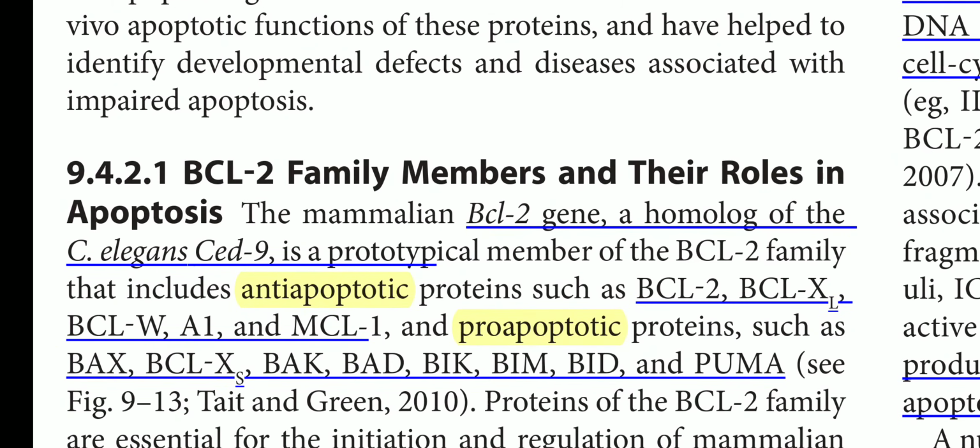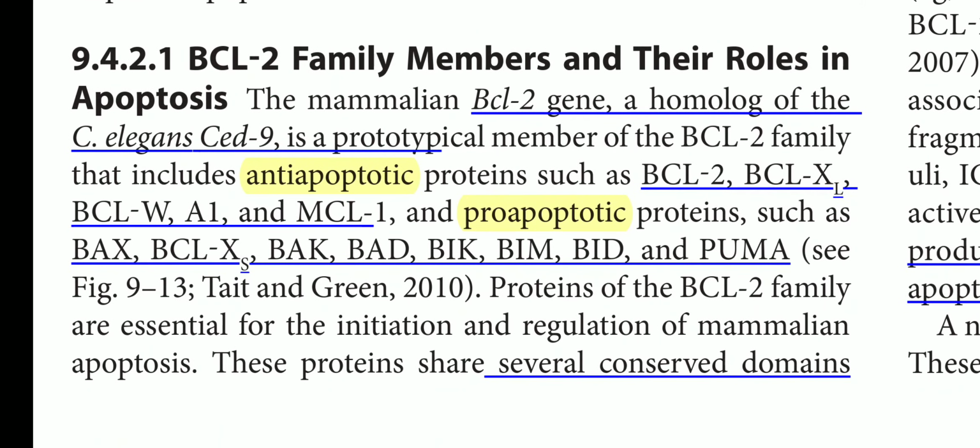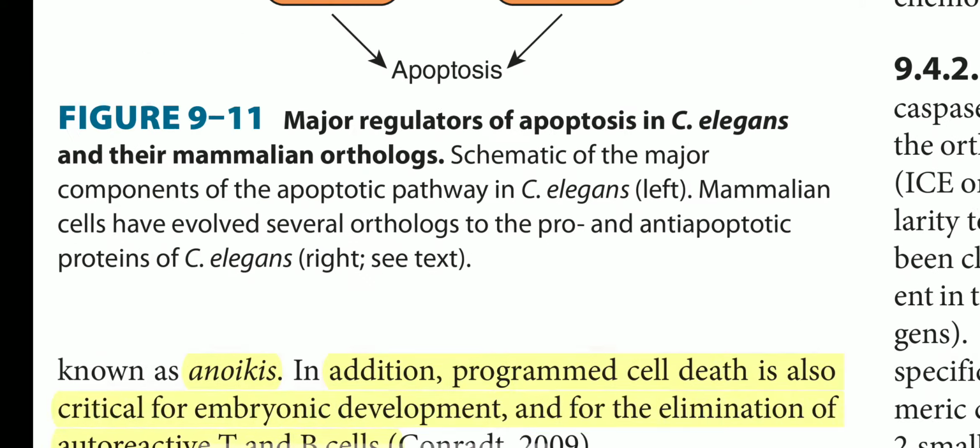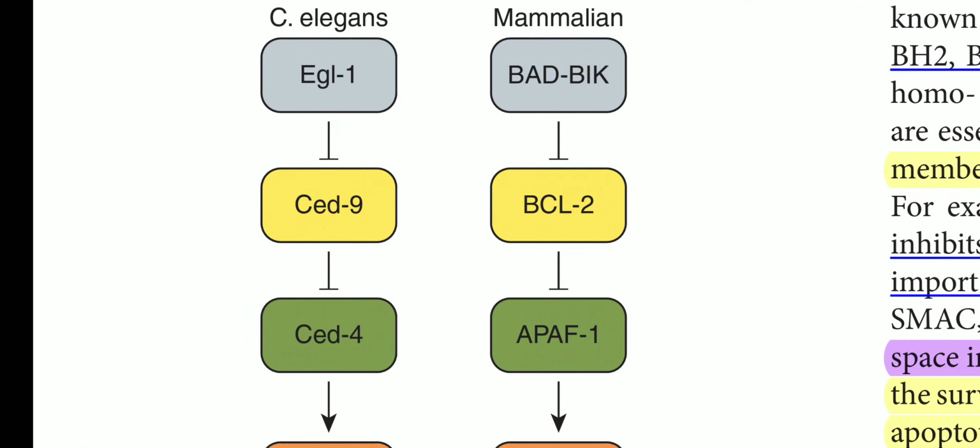Now come to the BCL2 family members and their role in apoptosis. BCL2 genes are homologs of the C. elegans CED-9, and there are anti-apoptotic and pro-apoptotic members. The anti-apoptotic proteins are BCL2 and BCL-XL. Whenever they are present, they prevent cells from undergoing apoptosis.